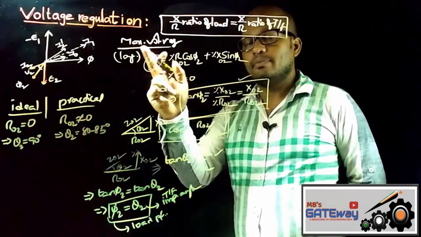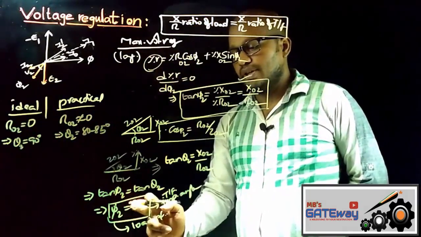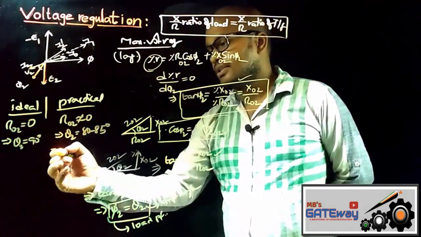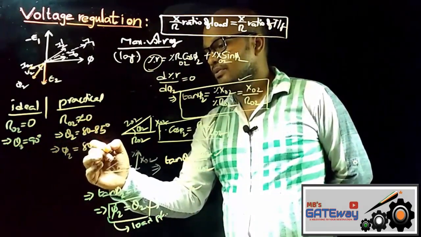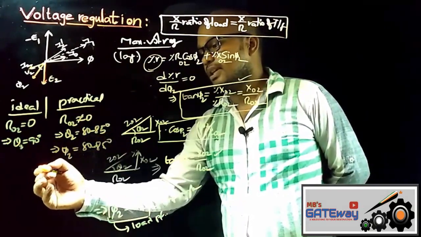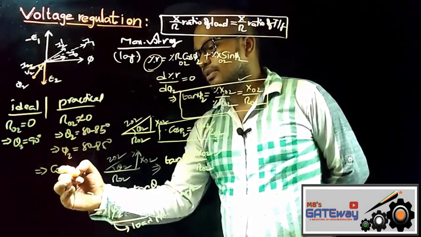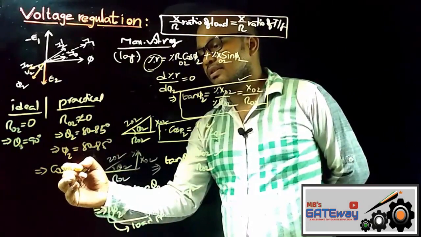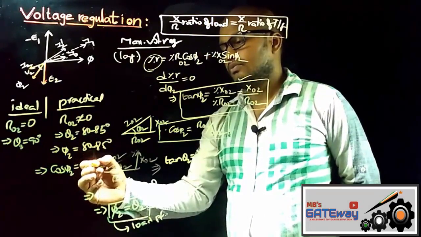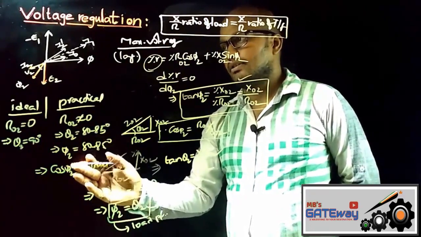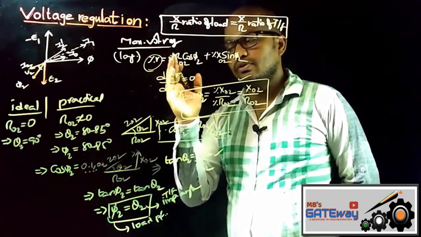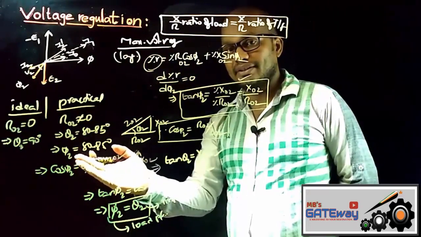The condition for maximum voltage regulation we got is phi 2 equal to theta 2, which implies the power factor angle is 80 to 85 degrees. That implies the power factor is around 0.1, 0.2, etc. That implies that maximum voltage regulation will occur at low power factors.